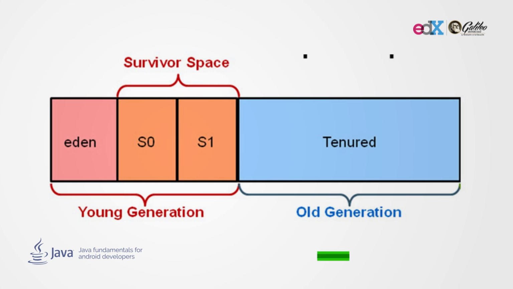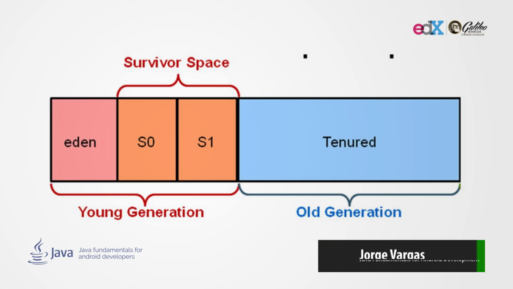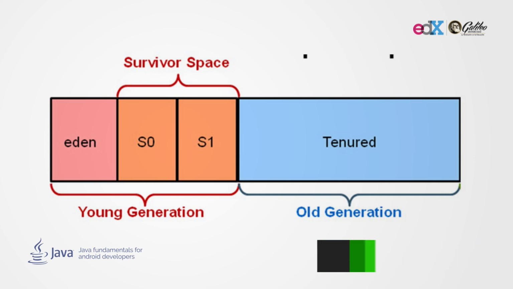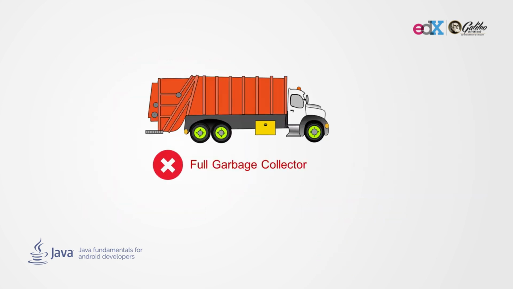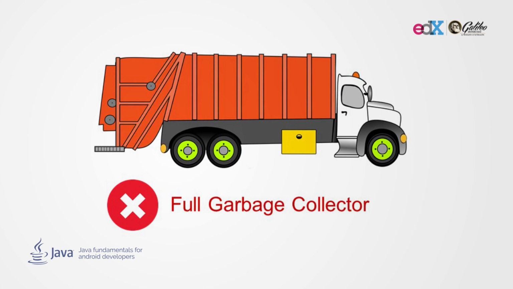What is the problem? When you are running the program and the Java collector cannot eliminate a lot of objects in the tenured area, it has to stop the program and execute what is named a full garbage collection. The full garbage collection is a process where Java says, oh, there is a problem.